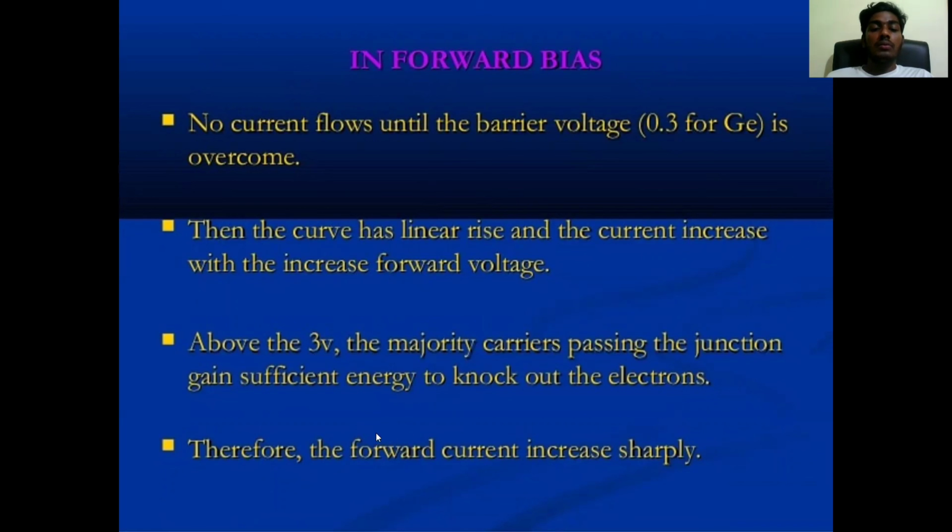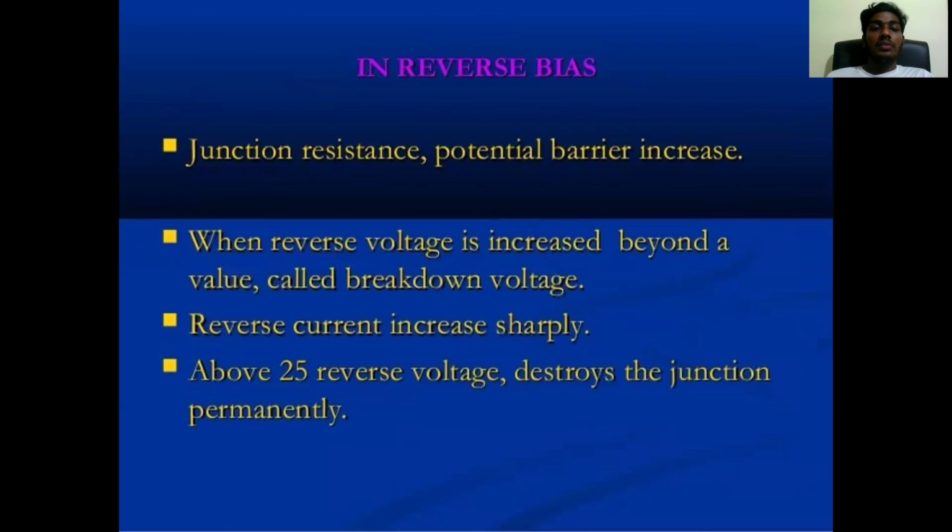Therefore, the forward current increases sharply. In reverse bias, junction resistance and potential barrier increase. When reverse voltage is increased beyond a value called breakdown voltage, reverse current increases sharply. About 25 reverse voltage destroys the junction permanently. This is about reverse bias.